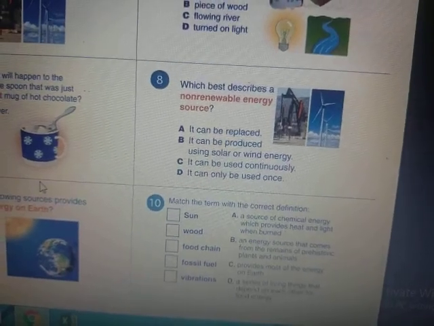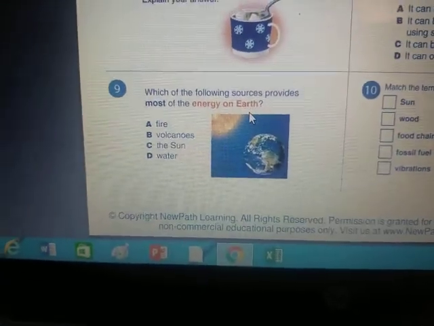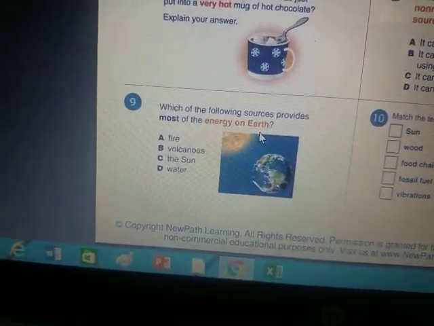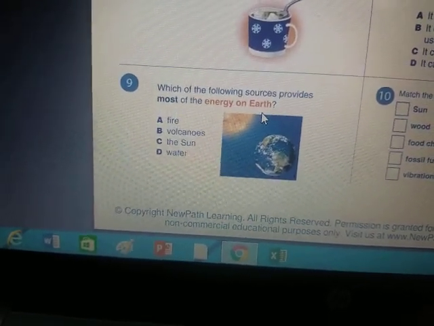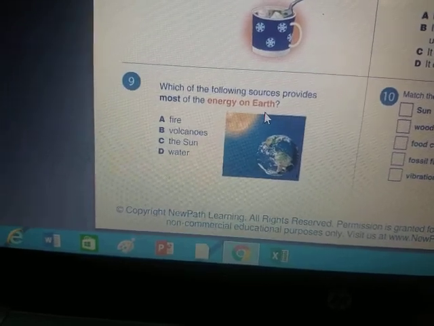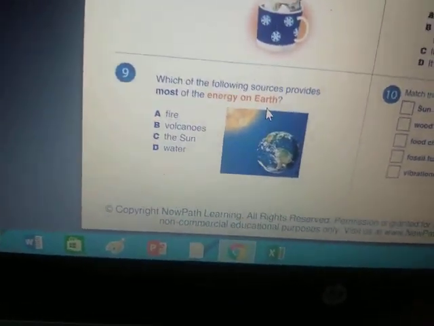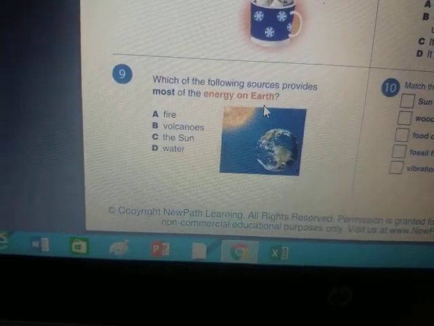And remember, this is just like Energy Island, and select your right answer. Number 9, which of the following sources provides most of the energy on Earth? Fire, volcanoes, the sun, or water? What gives us the most energy on Earth?